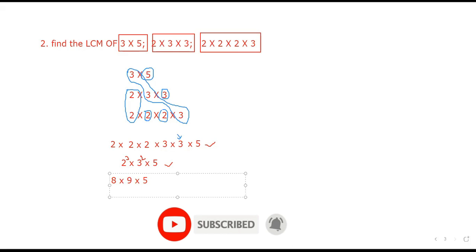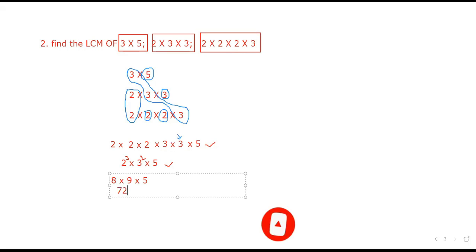So 8 times 9 is 72, multiplied by 5, and our answer, the LCM, will be, we may not necessarily need our calculator, 5 times 2 is 10, carry 1, 5 times 7 is 35, that's 360. 360. Bullseye. So that is very simple.